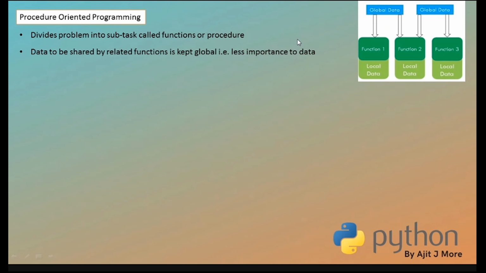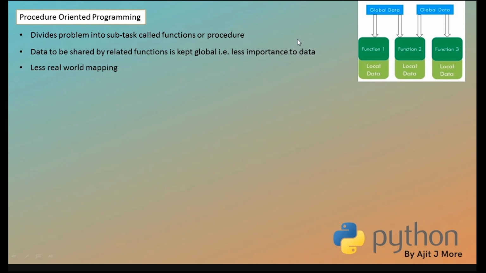Data to be shared by related functions is kept global, and as it is kept global, importance to the data is less. More importance is given to functions and less to data. Less importance to data means there is no data abstraction. Data abstraction means the data should be accessible only to those related functions, and not visible or accessible to the outside world.